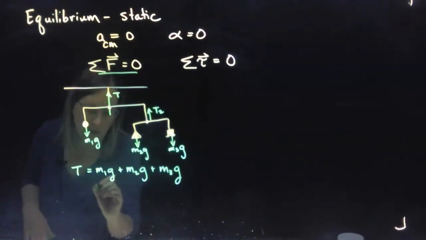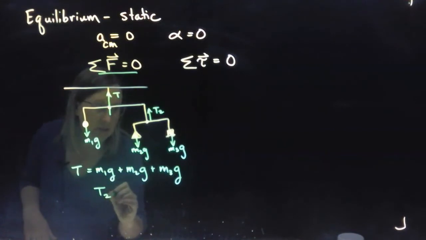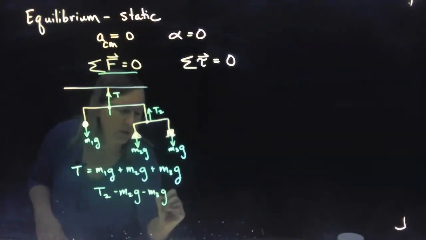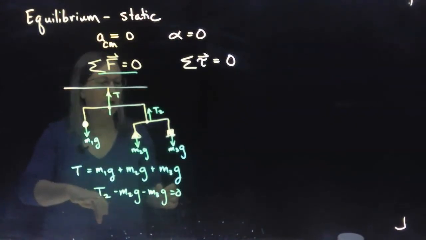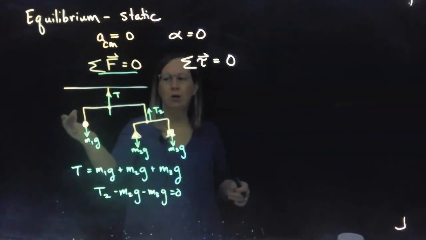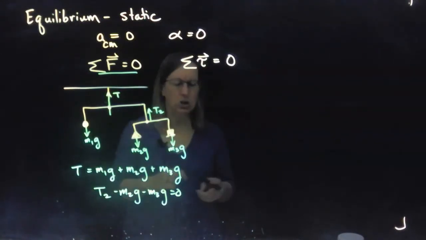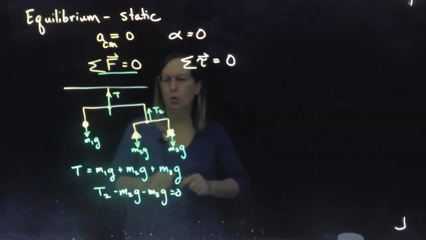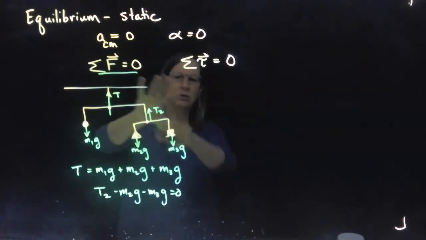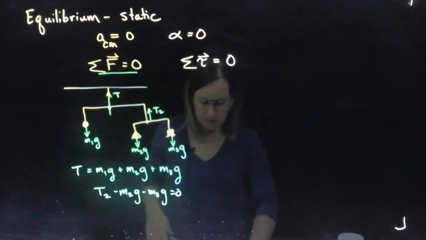And you could have an ancillary equation that is T2 minus M2g minus M3g is equal to 0, and that would allow you to solve for T2, for example, if you wanted to do that. You might be solving for the mass, you might be solving for the tension. It's sort of the question of how much mass do you need to put down here, for example, to balance all of this out.